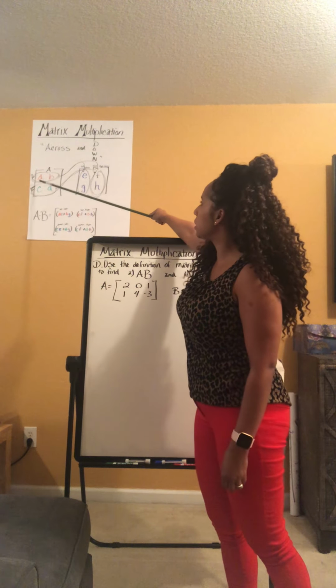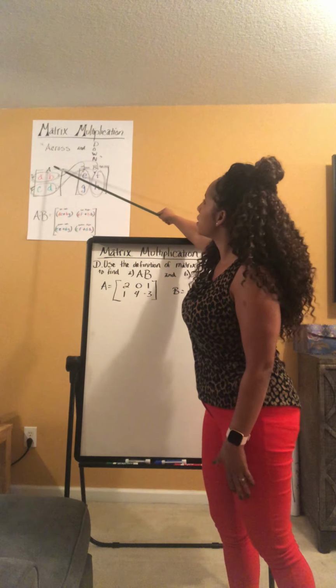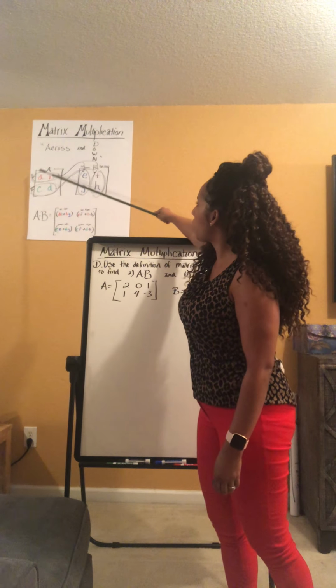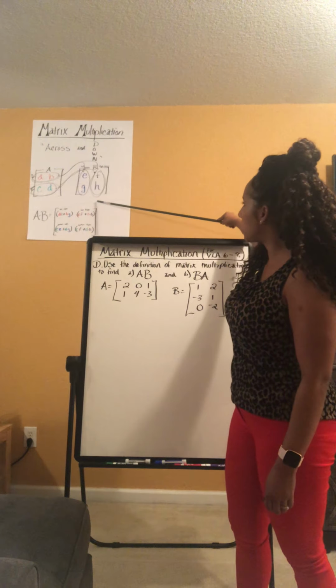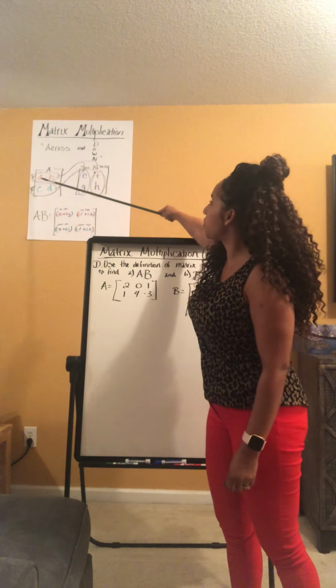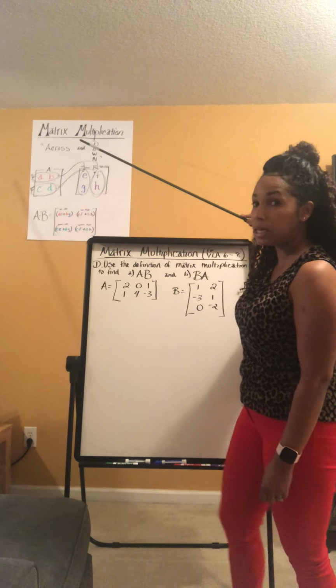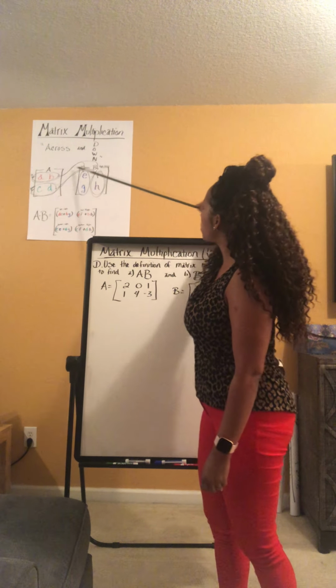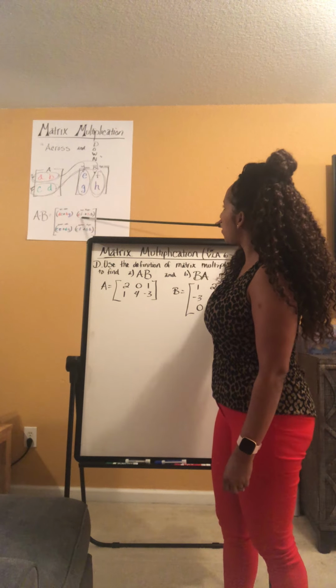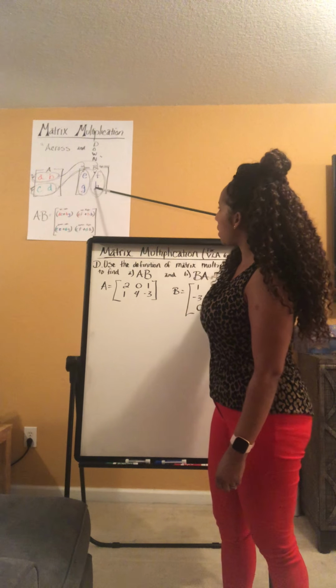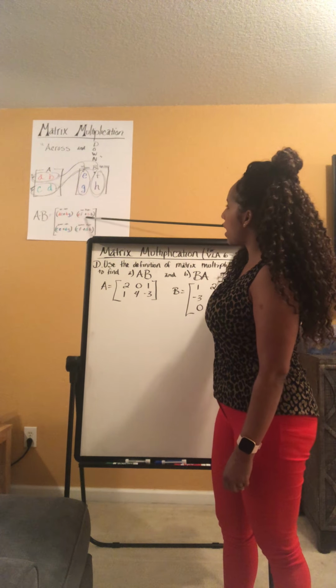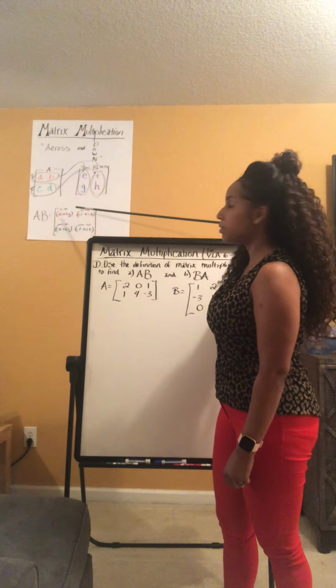Then it's like distributing. I would give the top row now to the right column. If there were more, I would keep going, the top row times the columns, until all the columns were completed. So again, the A would be multiplied by the F, the first terms go together, the B would be multiplied by the H, and we would add those two products together.